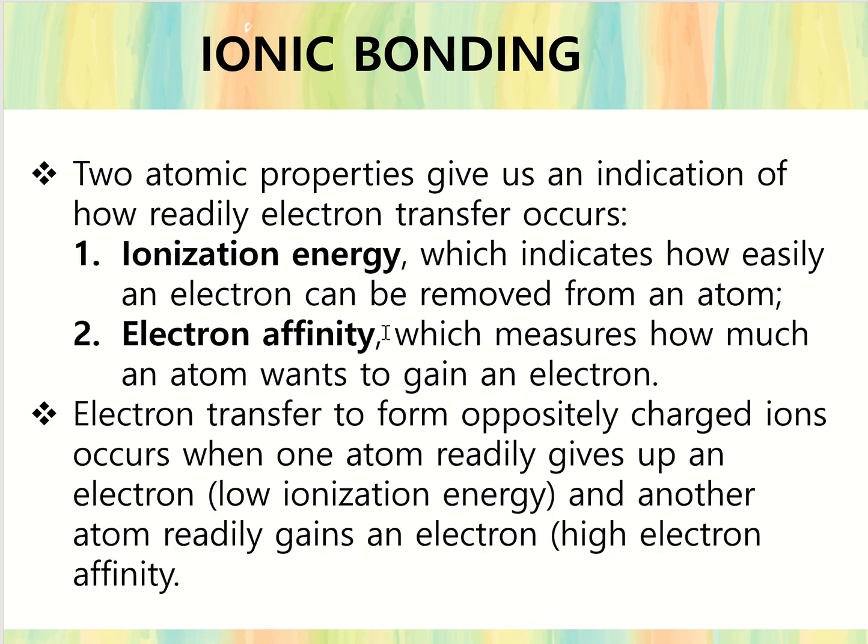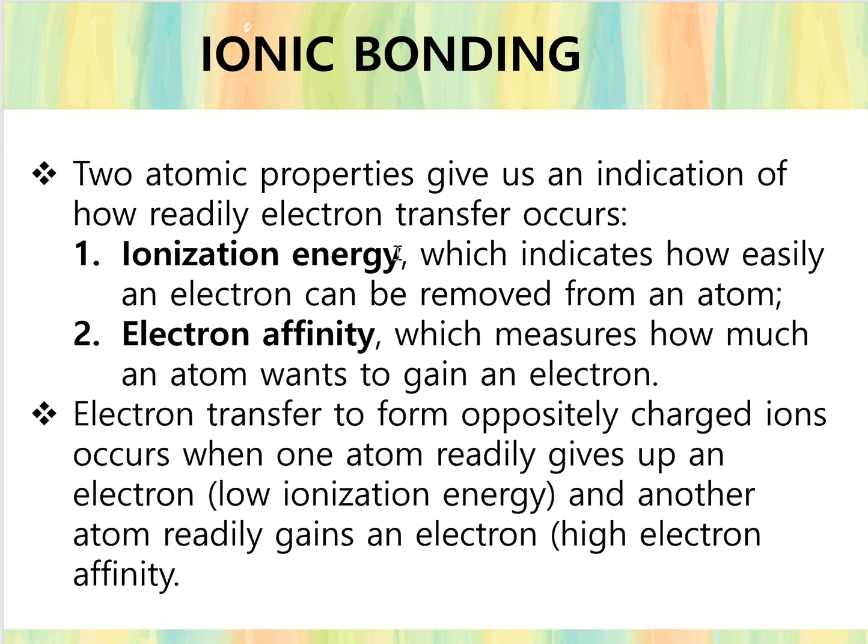All right, so continuing with our ionic bonding, two atomic properties give us an indication of how readily electron transfer will occur. We want to look at the element's ionization energy, which tells us how easily that electron is lost. For example, sodium, we know, loses an electron, as we just saw.